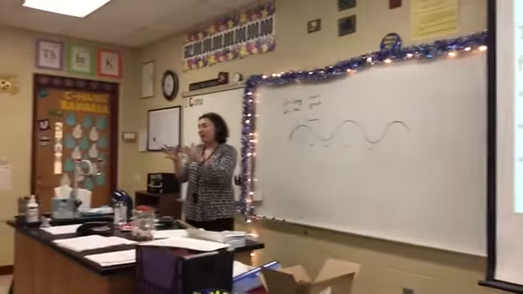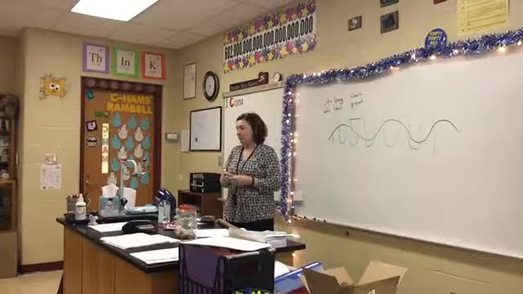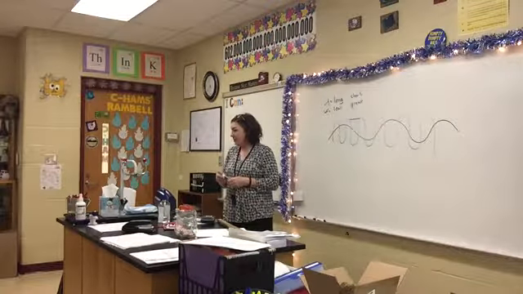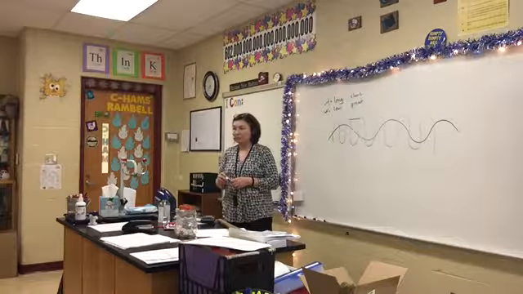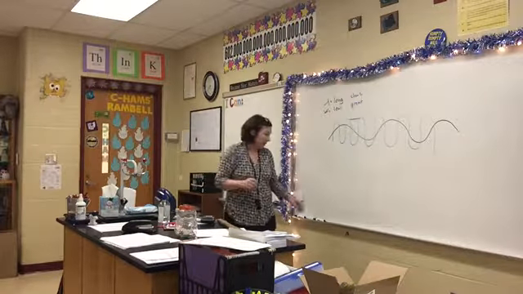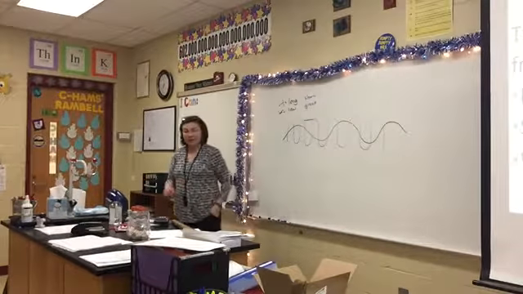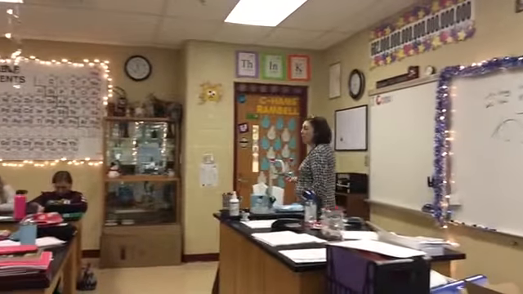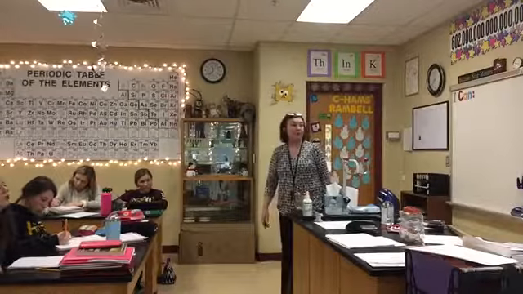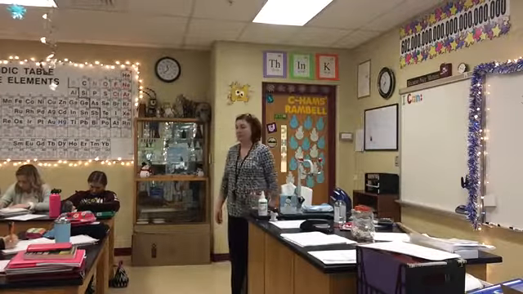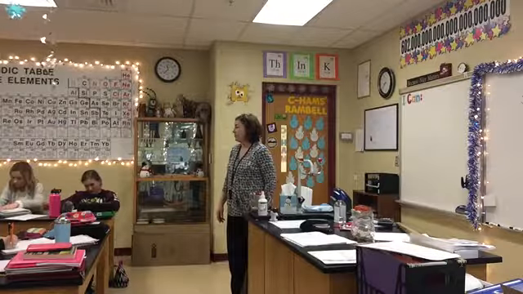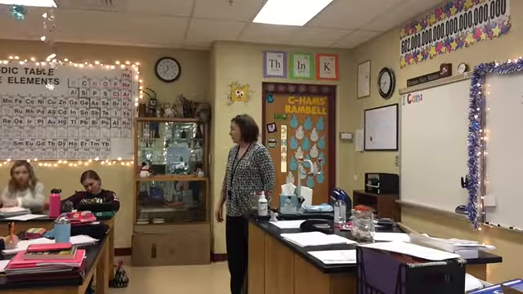So we shorten up the wavelength, but the frequency gets greater. Does that make sense? Yes or no? Okay. So there is this relationship between wavelength and frequency. When one goes up, the other goes down. Are we good?